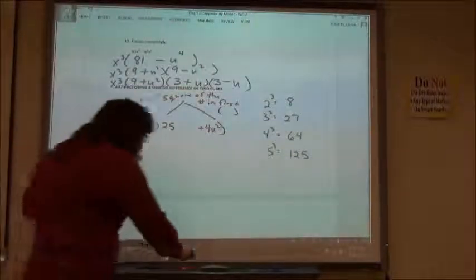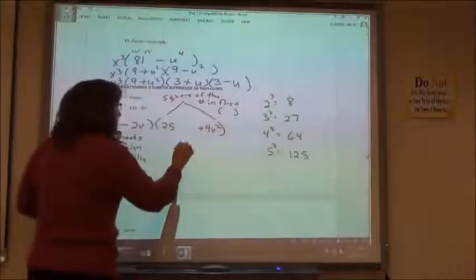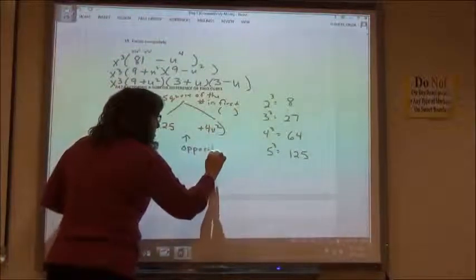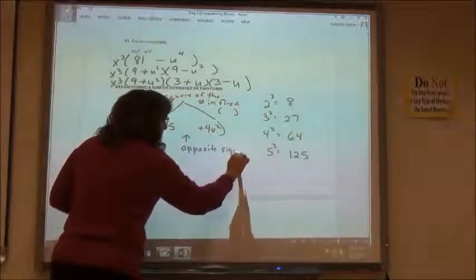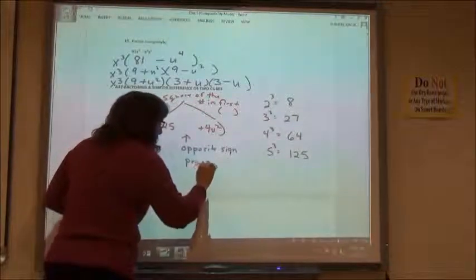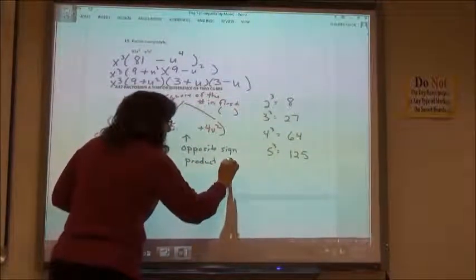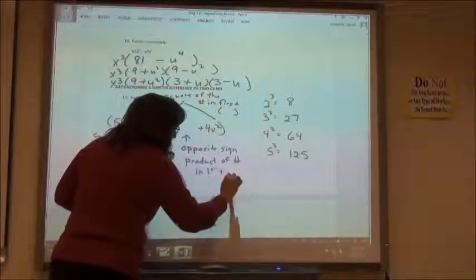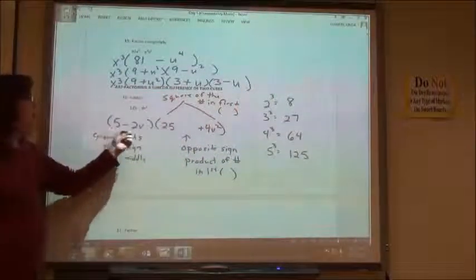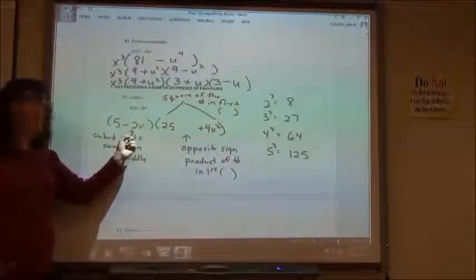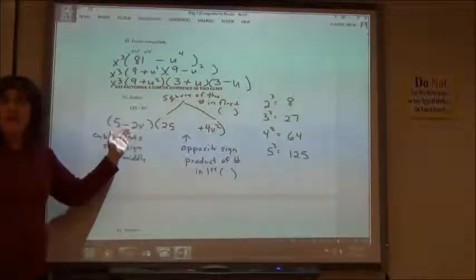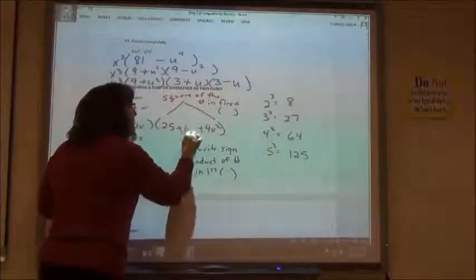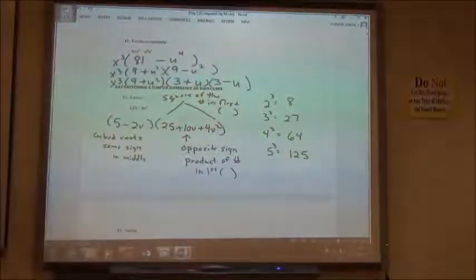The middle term is going to be the opposite sign in the product of the numbers in the first parentheses. So here, if I multiplied this, 5 times negative 2v would be negative 10v. I'm going to have the opposite sign, so it's going to be a positive 10v in the middle.